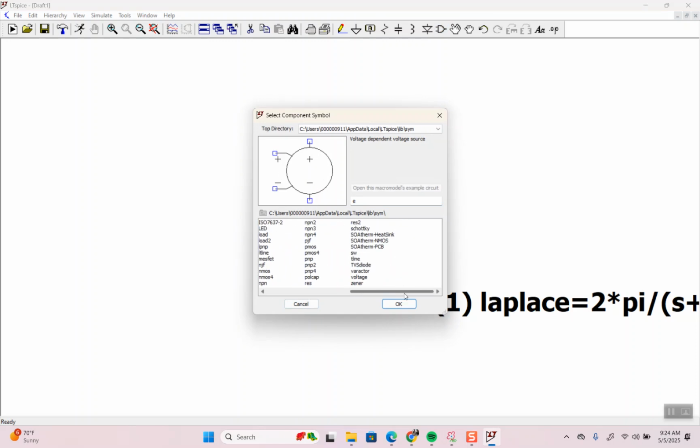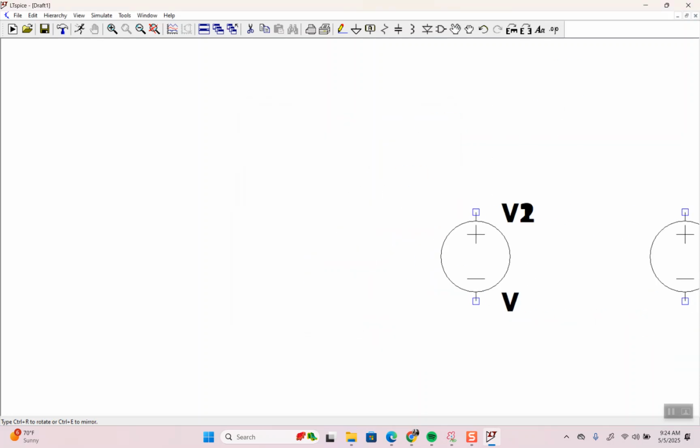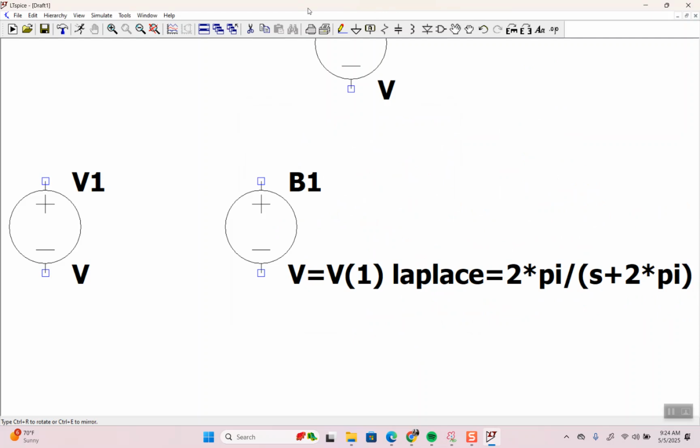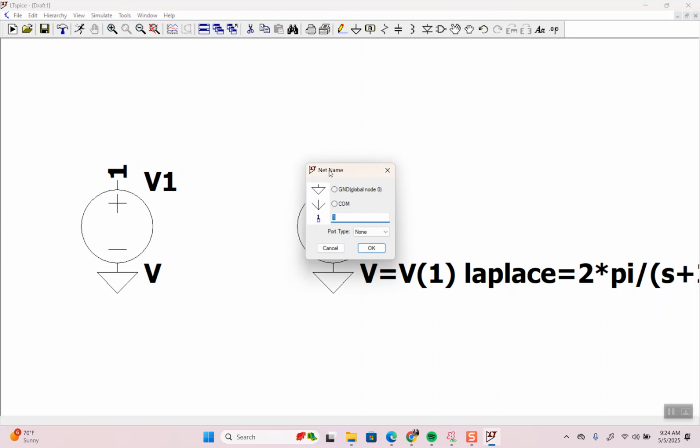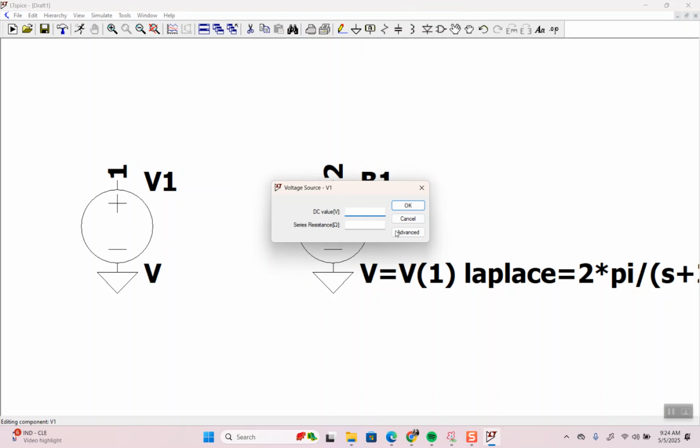Now I do have a sample that shows you how to do LTspice in radians, but it's kind of a pill. So it's just better to, you know what, I'll run it and then I'll let you know what I mean.